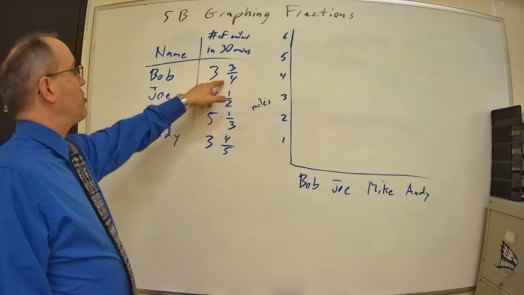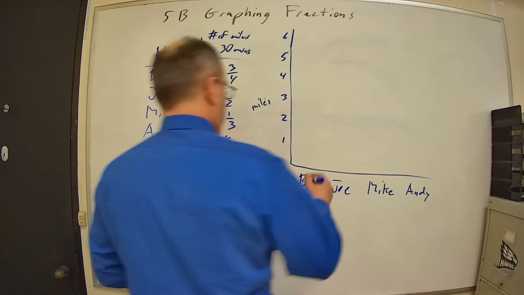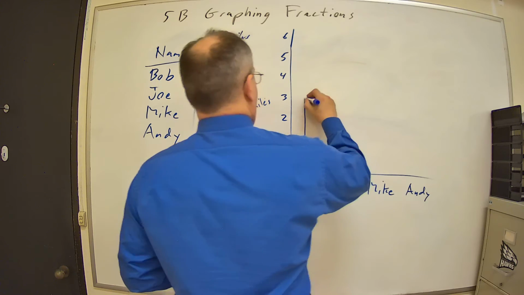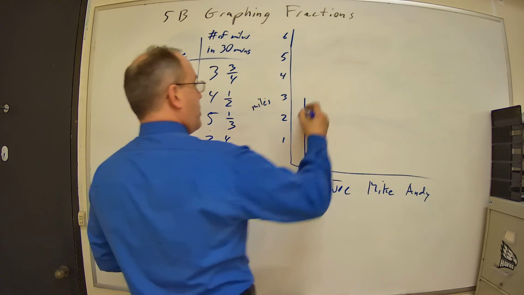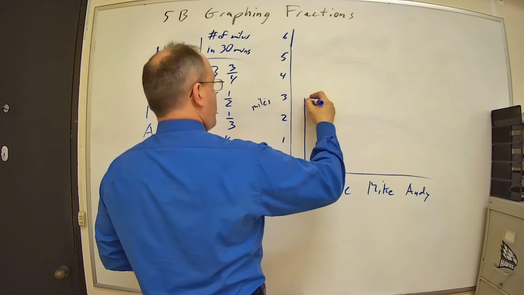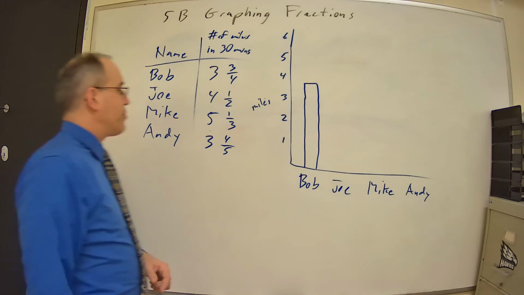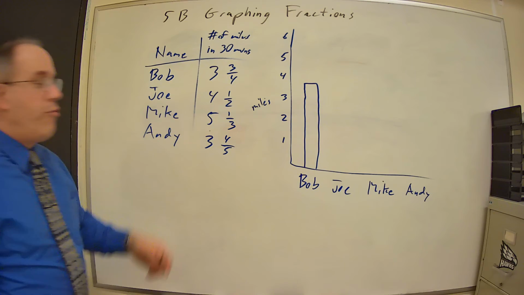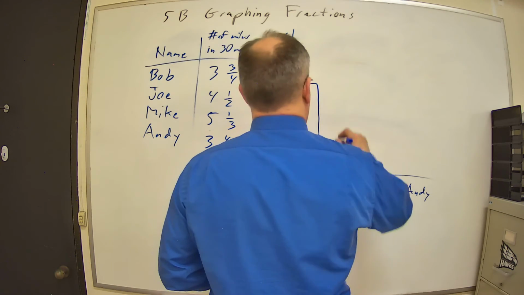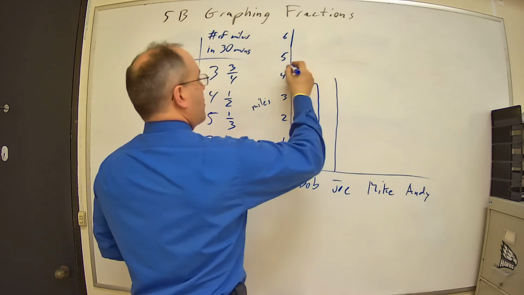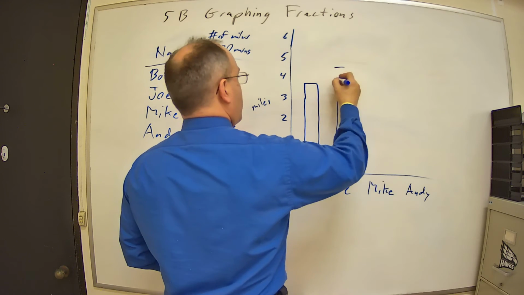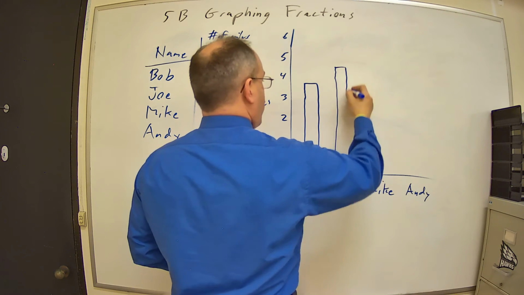So Bob was 3 3/4. So Bob goes to 3, right? But we need to go 3/4 of the way up to 4, so a little less than that. Joe, 4 1/2. So we're going to go all the way up to 4, and then we need to go halfway between 4 and 5.